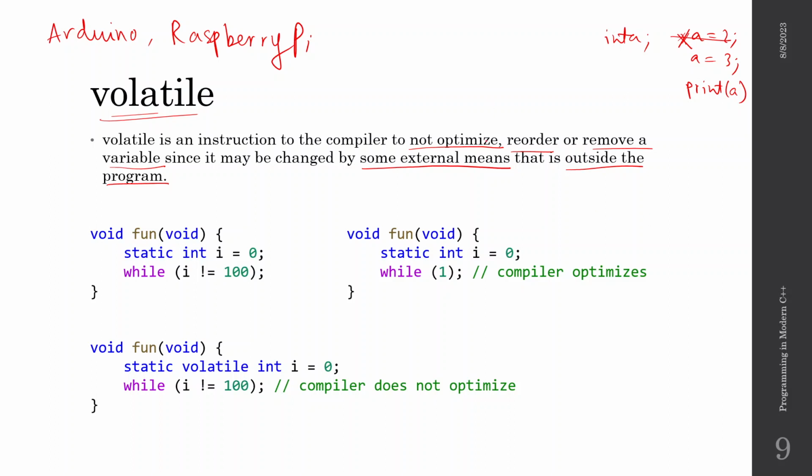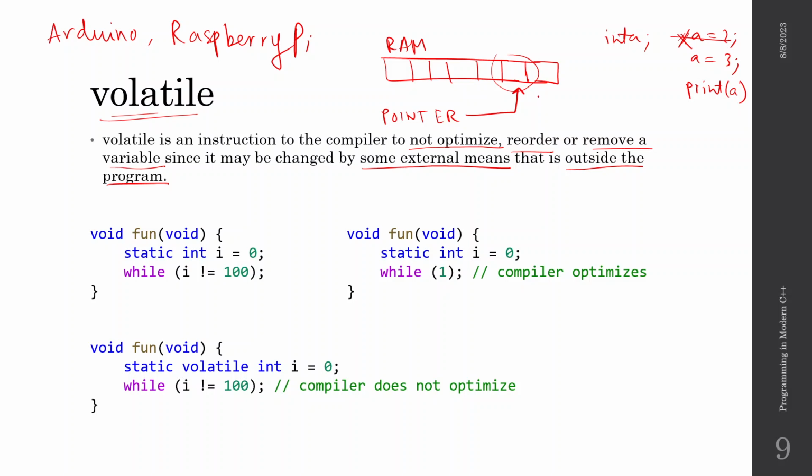So one example let me give you. Suppose I have a RAM and I have a pointer which points to this specific location.